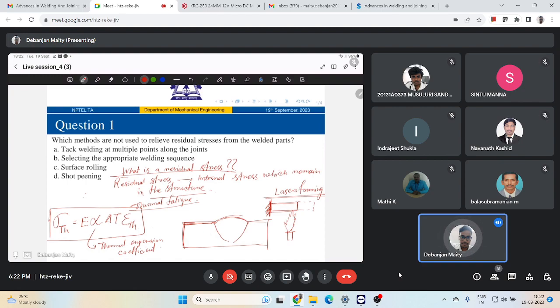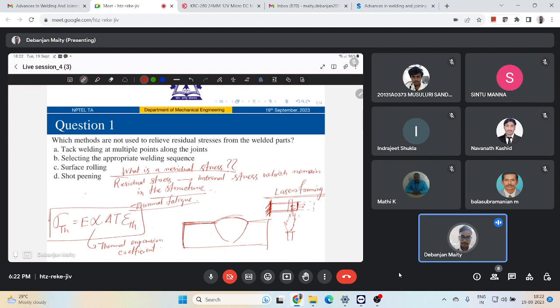So whenever you are heating it up, it will try to expand at this free end, and in the vicinity of that free end, it will provide some opposite reaction force, right?